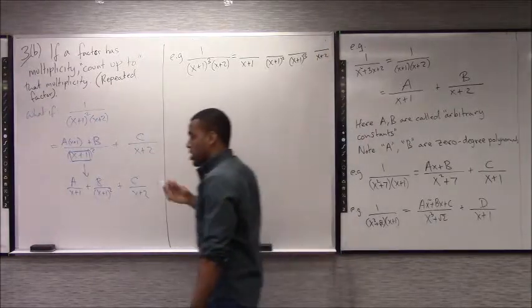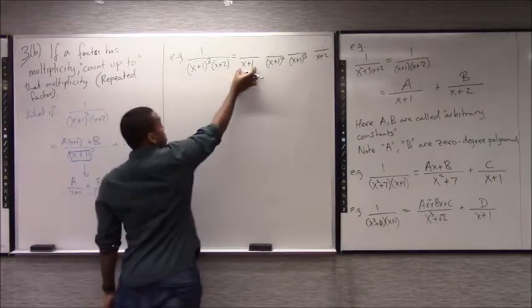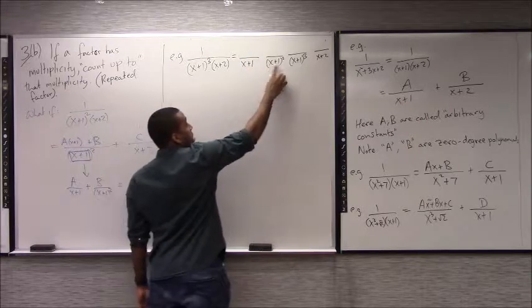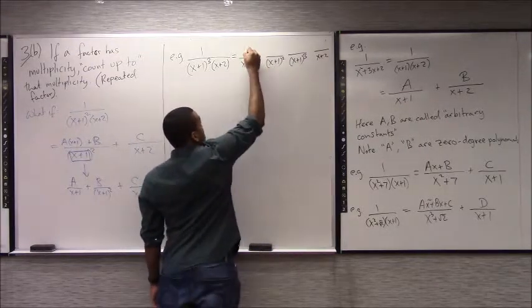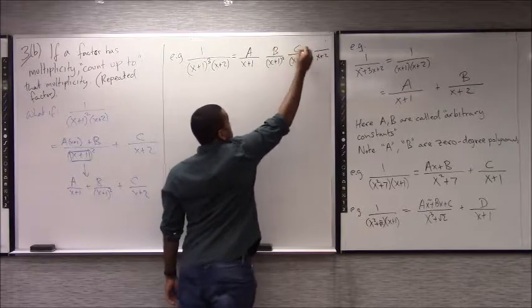Now it's important that the numerator follows the inner guy. So the inner guy is still a linear factor, it just has multiplicity. So my numerators are still going to have degree 0.